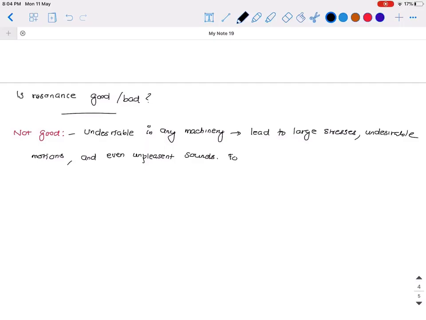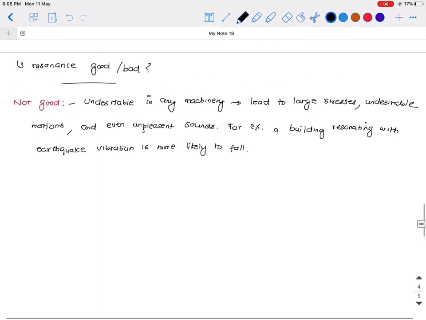So for example, a building resonating with earthquake vibrations is more likely to fall. If the frequency of the earthquake vibration and the natural frequency of the building become equal, the building is more likely to fall, or it's going to fall most of the time.